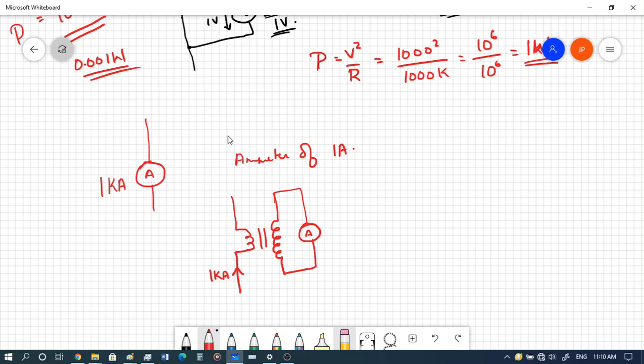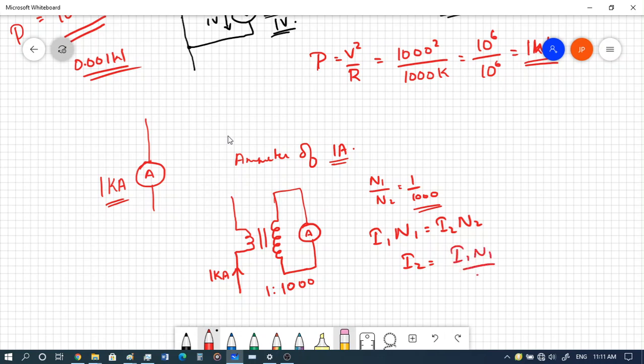Now here N2, let's take the number of turns ratio as 1:1000, which means that N1 is to N2 is equal to 1/1000. This is taken in order to match this 1 ampere with the 1 kilo amperes. So here I1 N1 is equal to I2 N2 is the turns ratio. So I2, the current in the secondary, will be equal to I1 into N1 by N2.